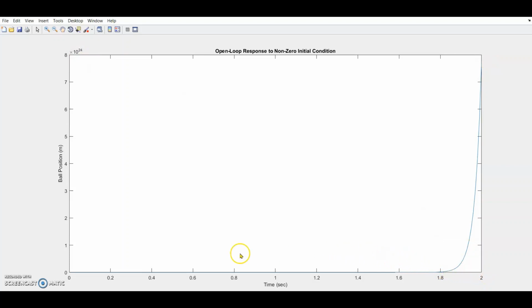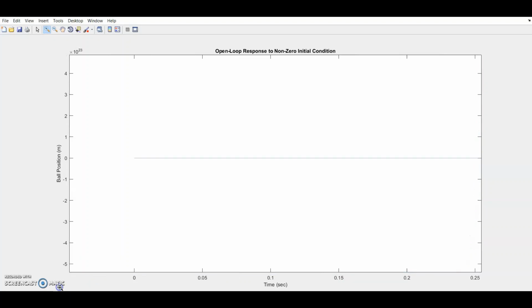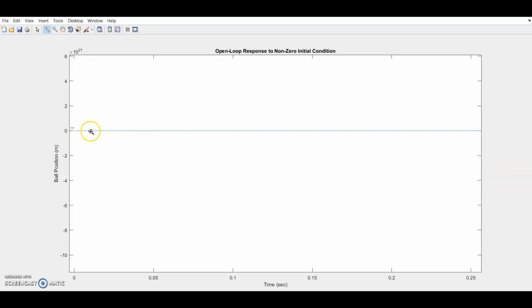This part appears like it is 0 for 1.8 seconds, but this is not the case. As we zoom in to, let's say, 0 to 0.2, then also we will see an exponential curve. So I am zooming in further.